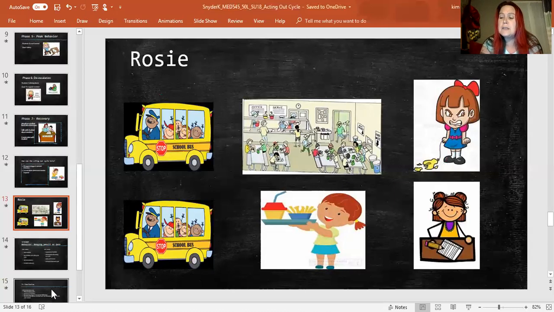We started to notice that Rosie was not pleasant during her check-ins, and she was starting to have some behavioral problems in her classroom. We observed Rosie in the cafeteria for a few days, and then had a conversation with Rosie about her experiences in the cafeteria.